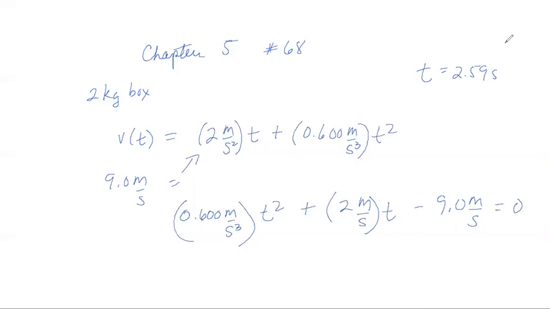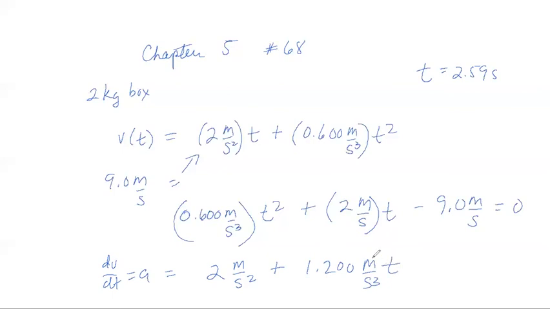All right, now I just have to differentiate and find the acceleration at that time. So dv/dt equals a equals 2 meters per second squared plus 1.200 meters per second cubed times t.